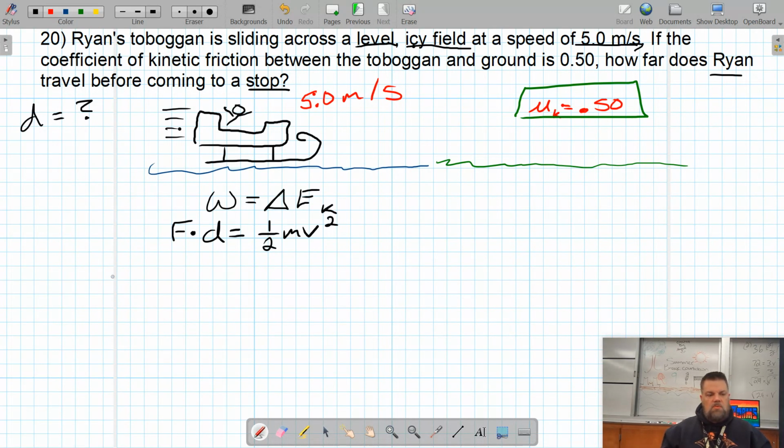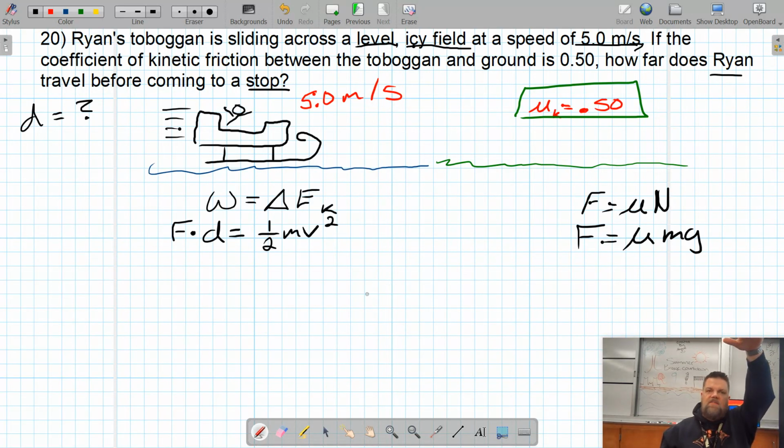So we can actually calculate the force without knowing it, because remember that the frictional force is equal to the coefficient times the normal force, and the normal force is equal to m times g. Right?